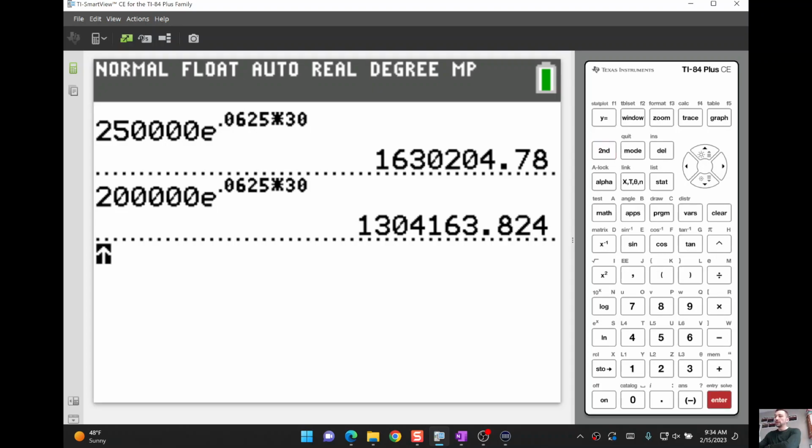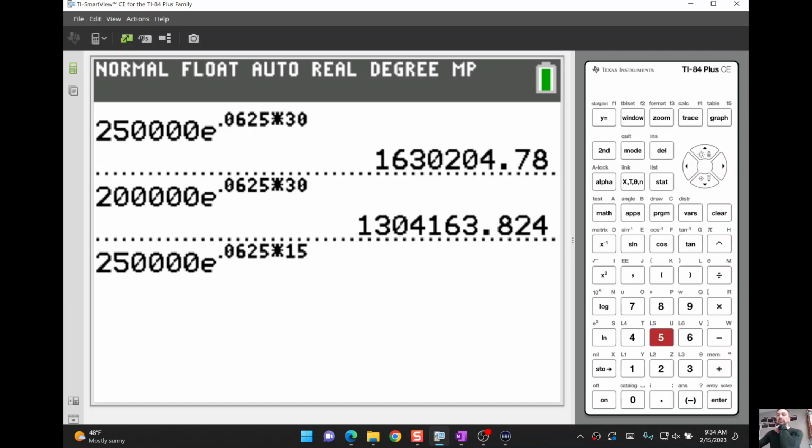But also, they will let you do a 15-year mortgage. So what do you think the difference is with the 15-year mortgage? Okay, it'll be less for sure. But what would be tough about a 15-year mortgage versus a 30-year mortgage?